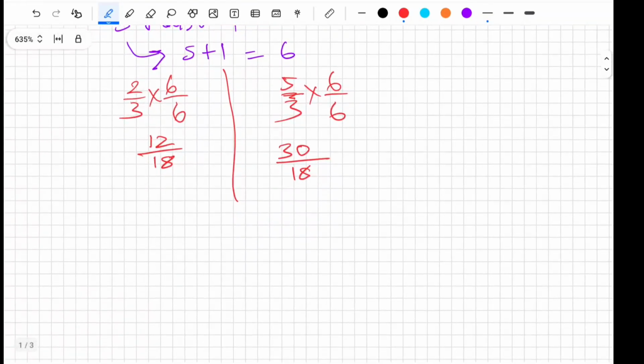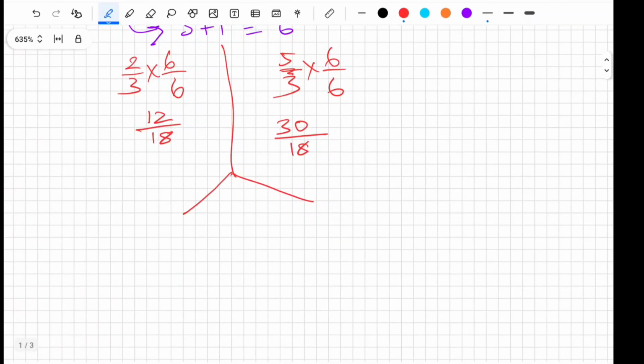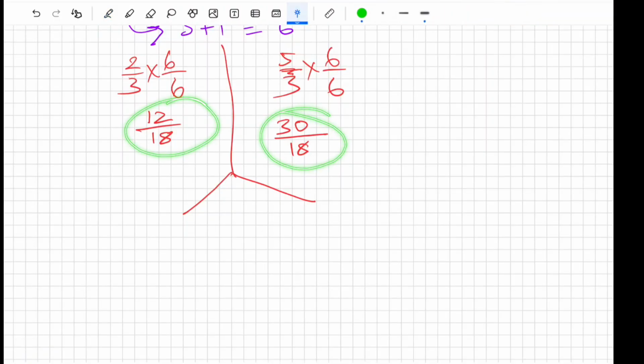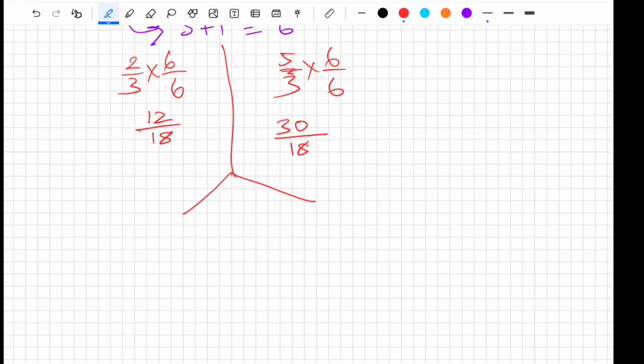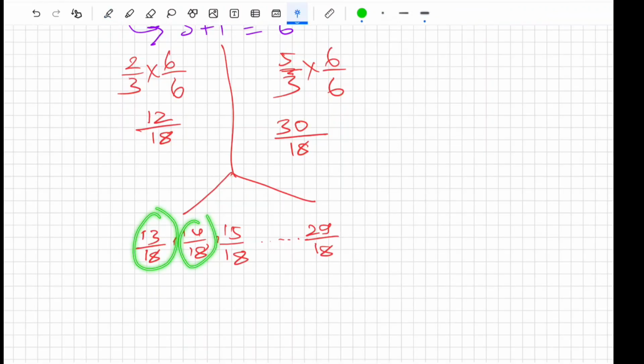Now we can see there are multiple numbers between those two numbers. What are those numbers? It's like 13 by 18, 14 by 18, 15 by 18, and so on till 29 by 18. And you can pick any 5 numbers in between and your answer will be correct.